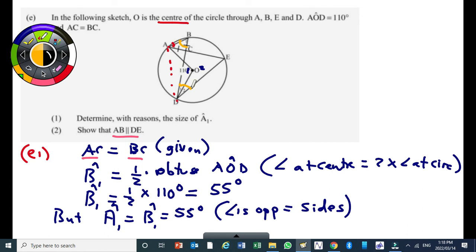So all I have to do is prove that BDE is also what? 55. That's all. Once you prove that BDE is 55, you should start smiling. No need for an increase in heartbeat. Okay? That's one way.